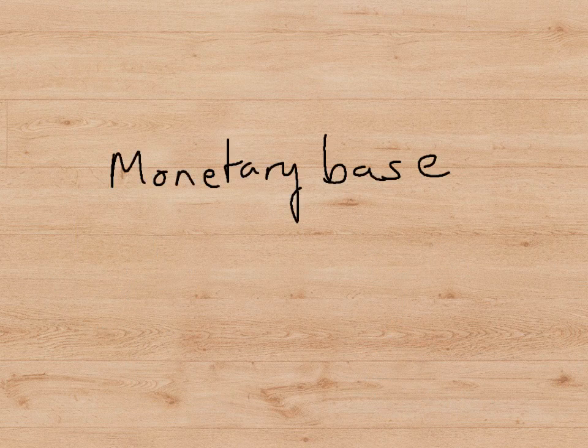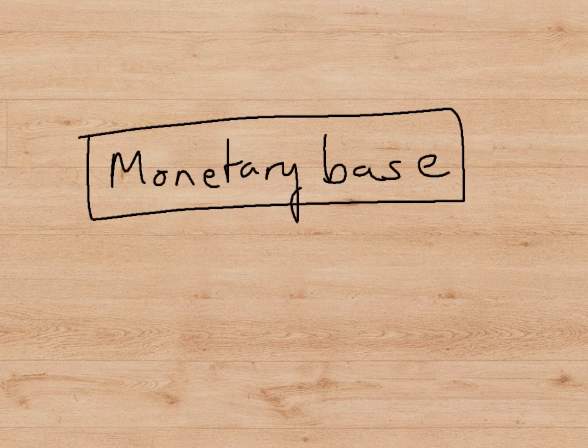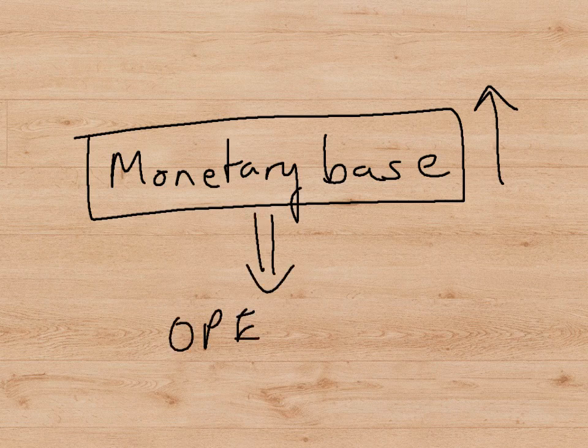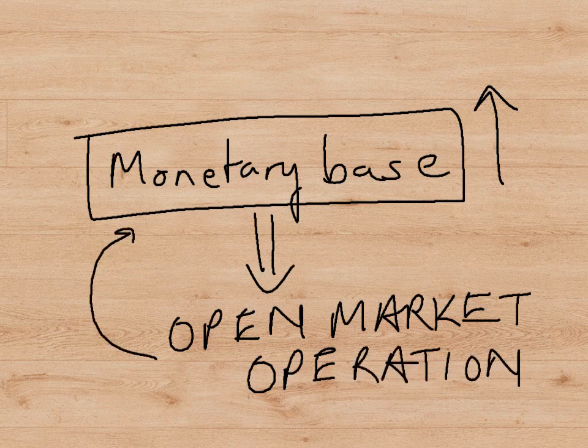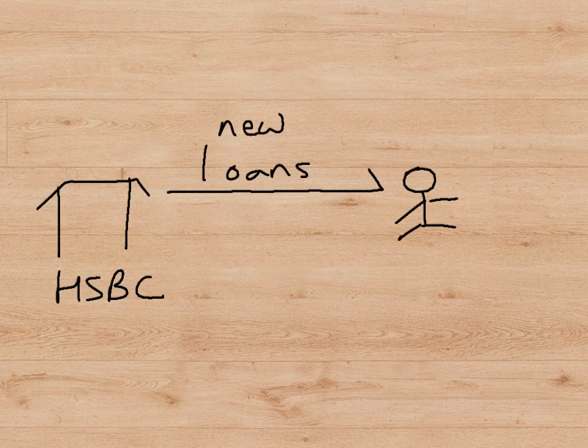So the reserves of HSBC at the central bank have suddenly gone up, and this is part of what we call the monetary base. So the monetary base has now increased via what the central bank did, which was an open market operation.